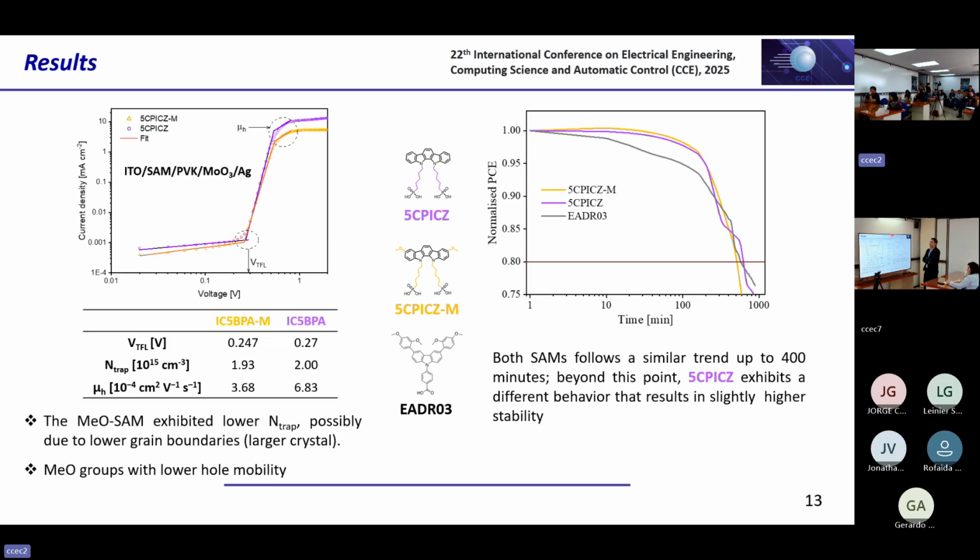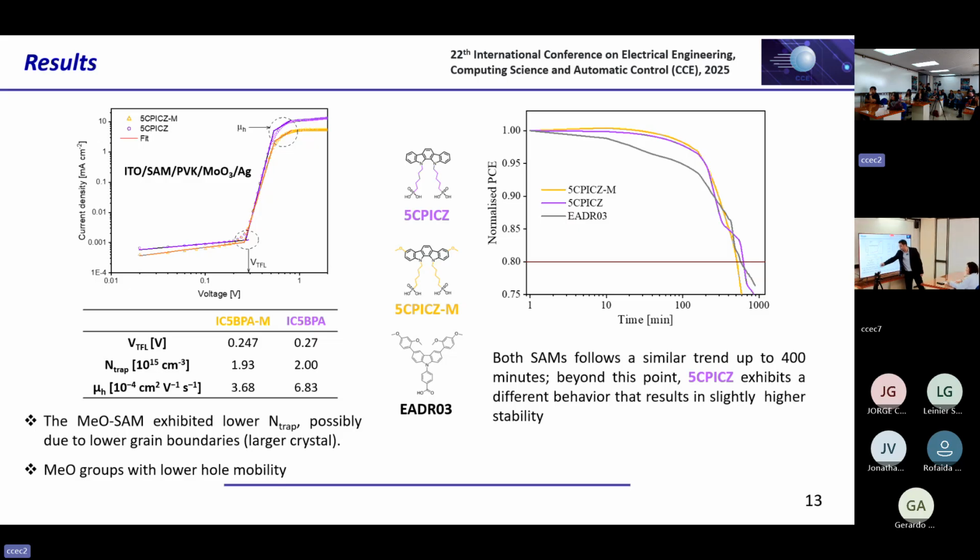Finally, we use the space charge limited current method to calculate the hole mobility in the hole-only device and also the trap density. First, for the trap density, we observe more or less the same values. That means there is not a huge difference between these two SAMs.